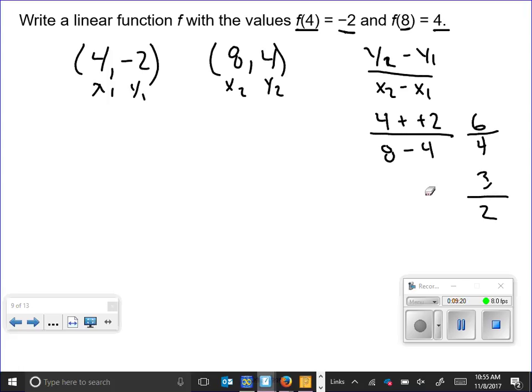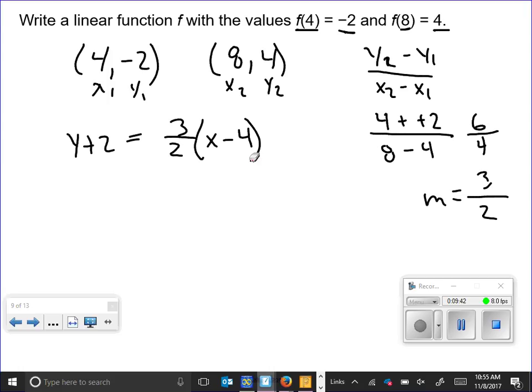Okay, so that's m. Now, if I want to write it in point-slope form, this is my x1, y1, so I'm going to use that to write point-slope form. Y minus, or plus 2, because it's a negative 2, equals my slope 3/2, and then x minus 4.